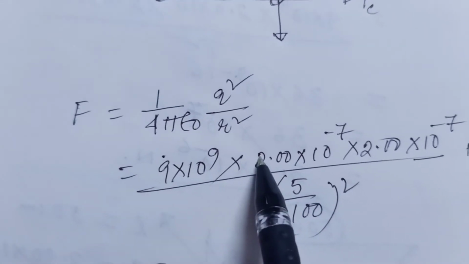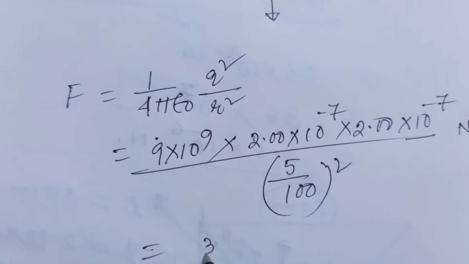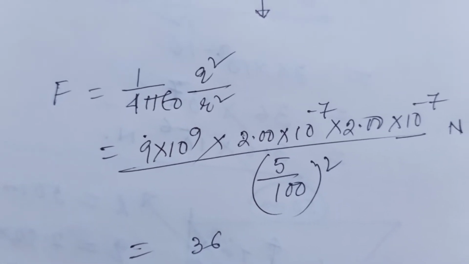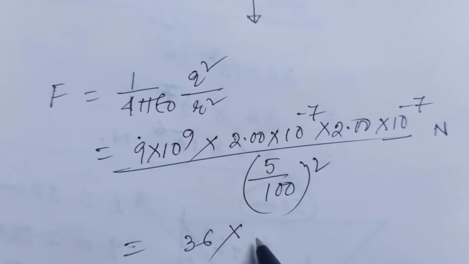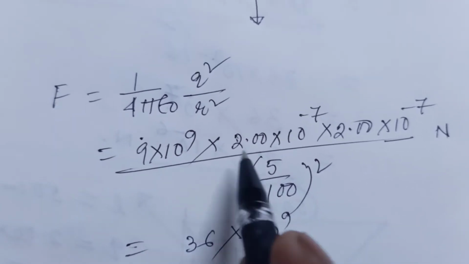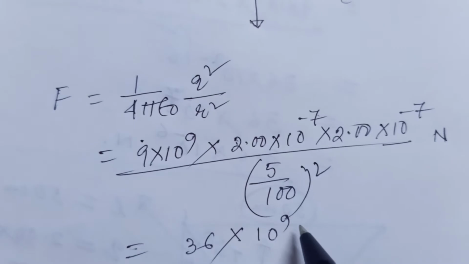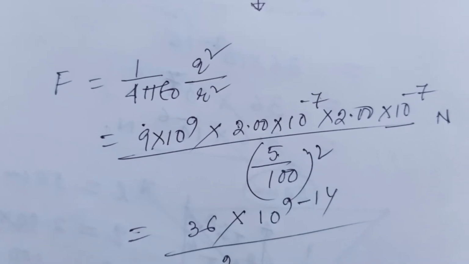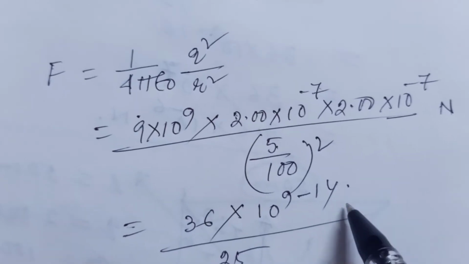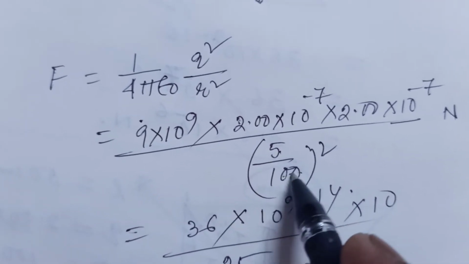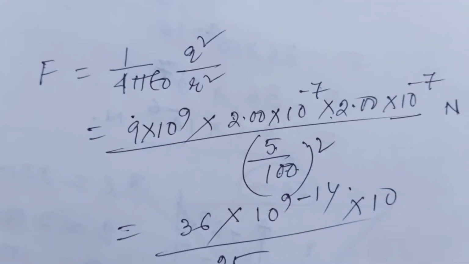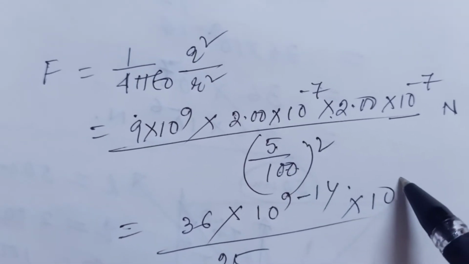9 twos are 18, 18 twos are 36, so 36 into 10 to the power 9 minus 14, divided by 5 fives are 25 into 10 to the power of 2, and this goes to the numerator position. So 100, that is 4.